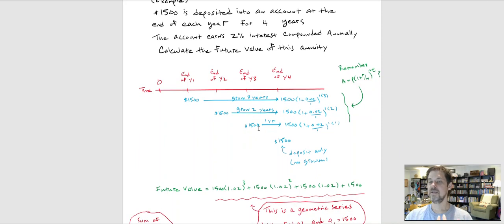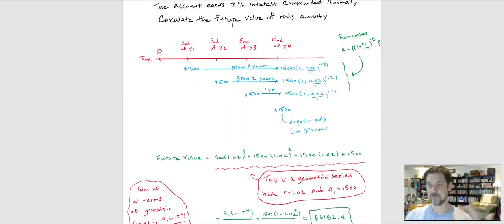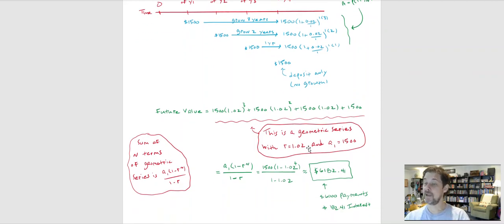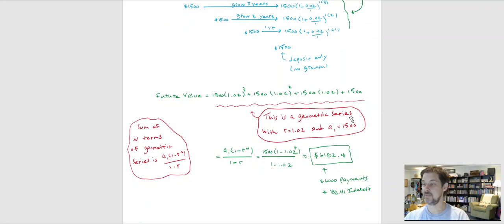Now, the grand total, the future value, would be this number: 1,500 times 1.02 to the 3rd power, plus this number, 1,500 times 1.02 to the 2nd power, and so on. So there all of them are. Now, what that turns out to be is a geometric series.